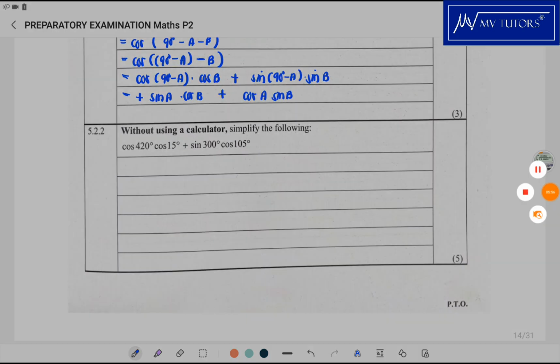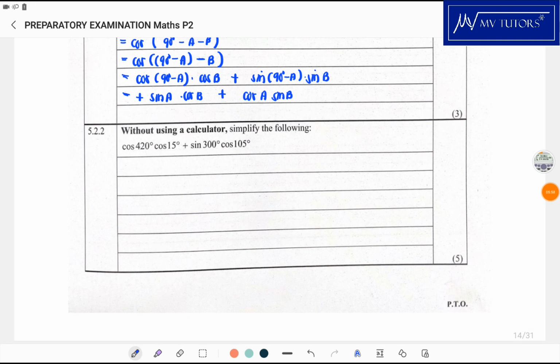Alright, so without using a calculator, simplify the following: cos 420 cos 15, sine 300 cos 105. So this is cos, sine, cos. I'm going to look at where 420 is first and foremost, and then try to see if I can simplify.